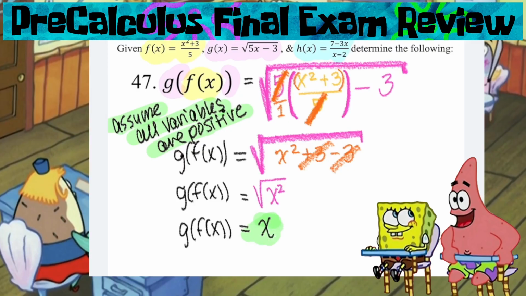But the square root of x squared, if you are not told to assume that all variables are positive, does anybody know what the actual answer would be?